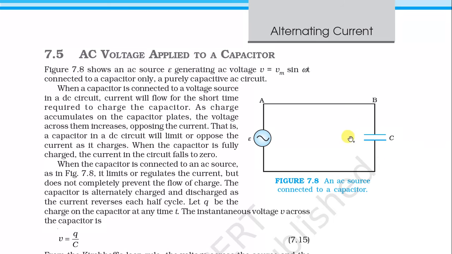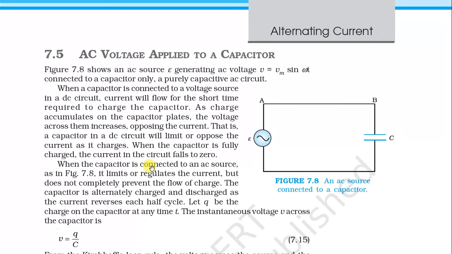At that time it is a balance and no current can flow through the circuit. So when it is fully charged, the voltage is maximum and the current is zero.